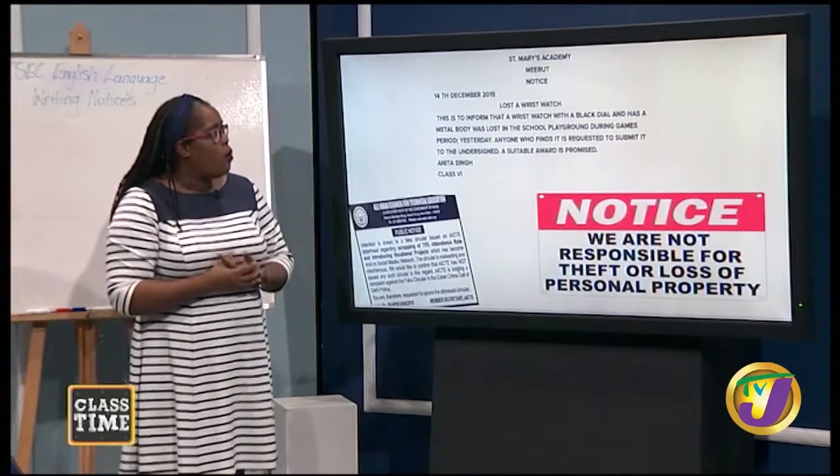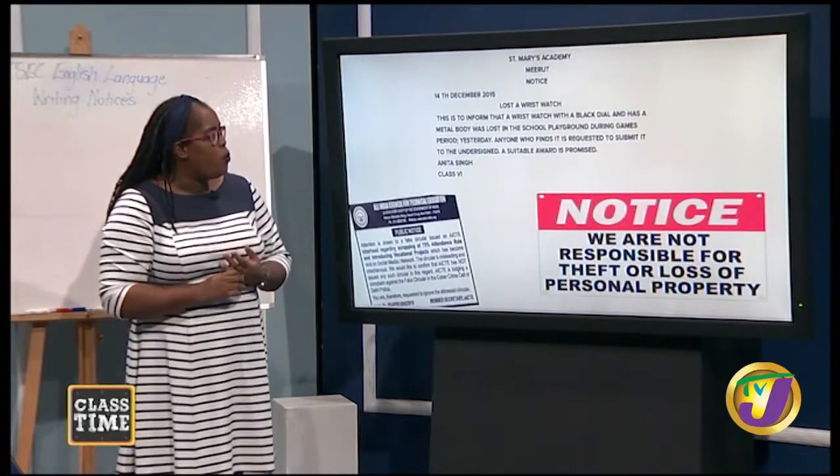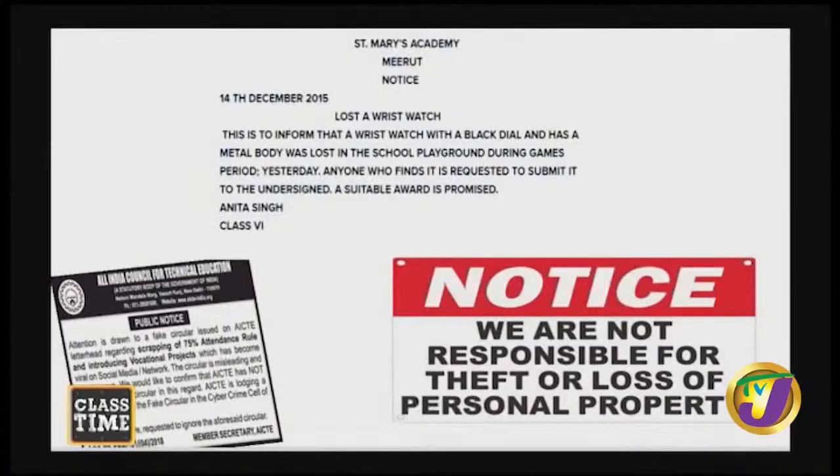This one, where the wristwatch went missing. Where would you put this one? Would you put it at information? I think so, because it is informing us that the wristwatch has been missing, and it is giving us information as to where exactly the watch was missing.